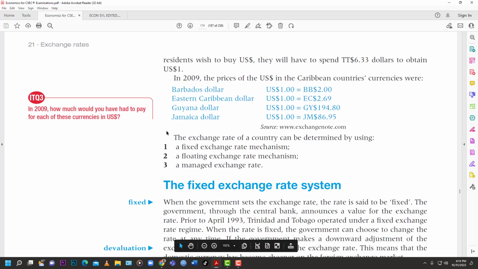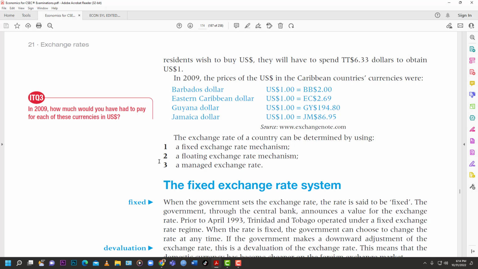These are the three main exchange rate systems, where countries can use one of those three. You have what we call the fixed exchange rate system, or the fixed exchange rate mechanism, the floating exchange rate mechanism, and we have the managed exchange rate system.